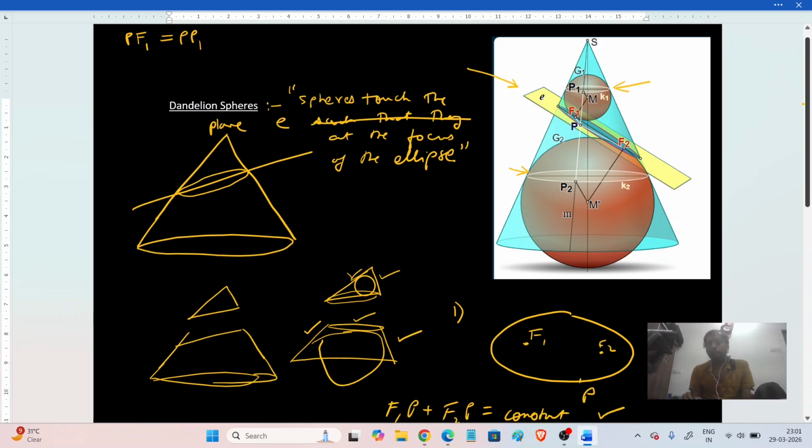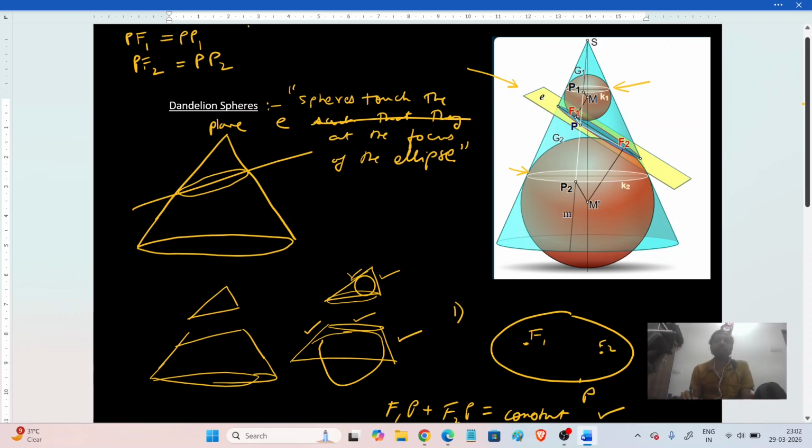Likewise, Pf2 is equal to PP2. Again, property number 2, same argument. f2 is a point where the sphere touches the ellipse, and because it touches, it is a tangent, and hence Pf2 is a tangent, and PP2 is also a tangent by definition, and hence they both are equal by property number 2.